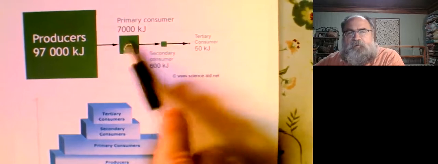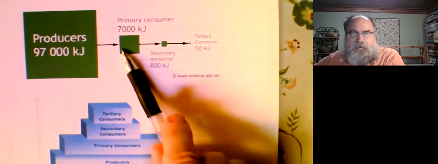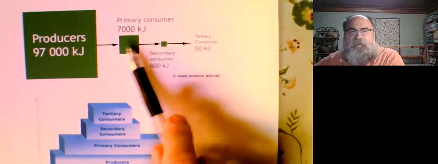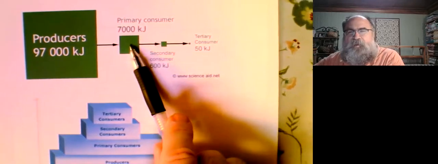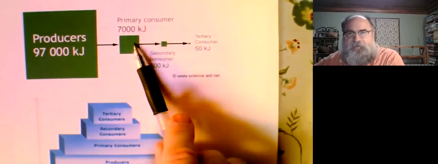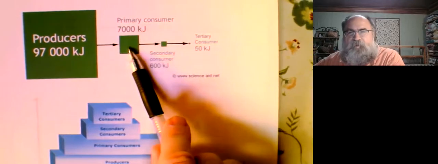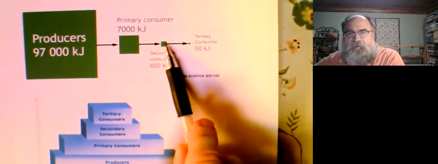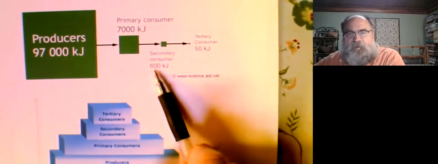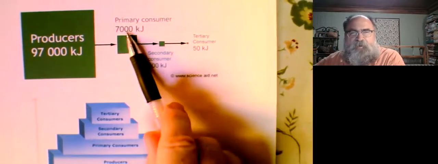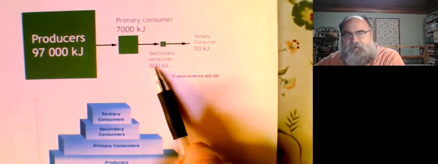here's the sheep, the primary consumer. It's only becoming 7,000 kilojoules in its net, right? In its conversion into body mass. Secondary, oh my goodness, that's less than 10%, 600 versus 7,000, that's less than 10%.